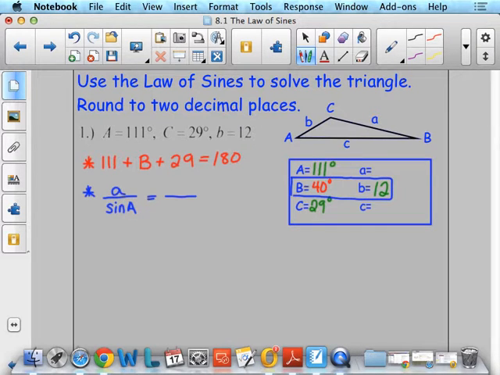So I'm going to set that equal to b over sine of B. And we don't know side c, so I can't use c for that. So if we fill in what we know, little a, we know big A is 111, little b is 12, and then big B is 40.